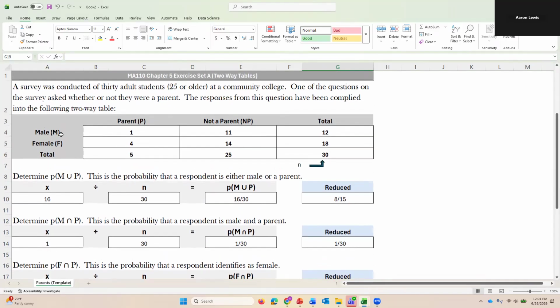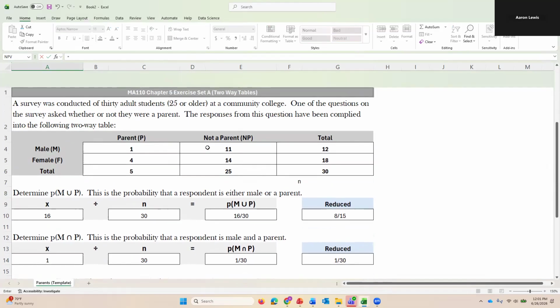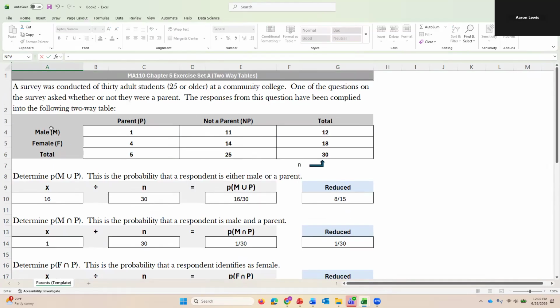So I'm thinking in this case, in the absence of any non-binary students, that we should have 100% of our sample meet one of these two conditions. Well, let's go through and figure it out. The probability of M in this case, well, we have a total for male, and it is 12.